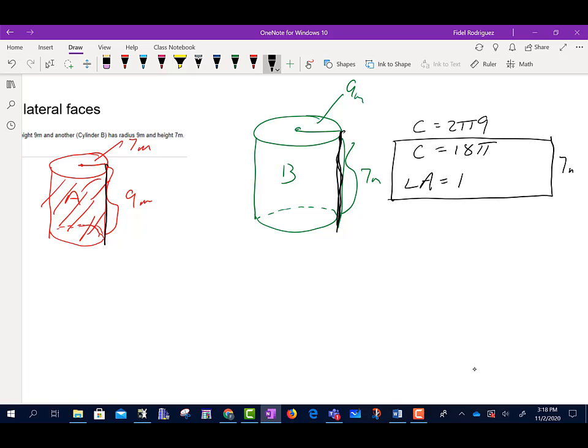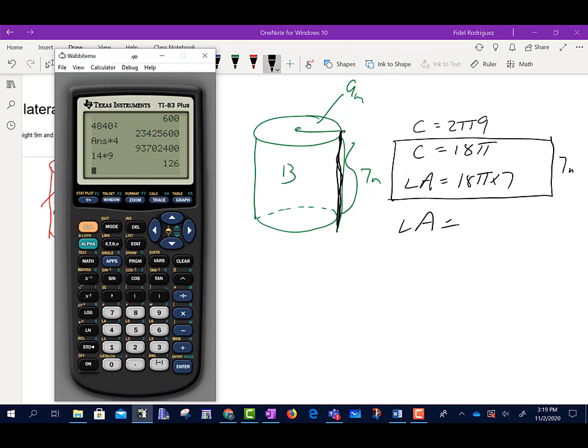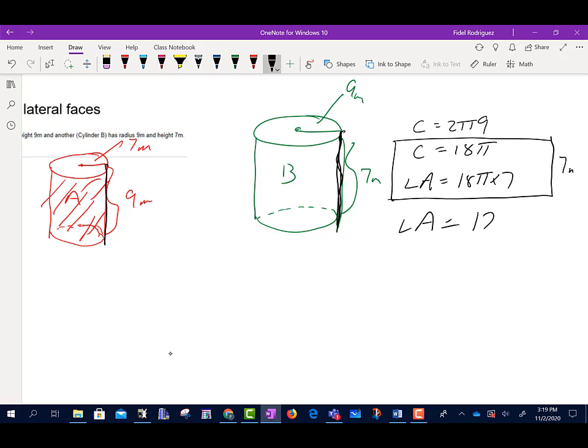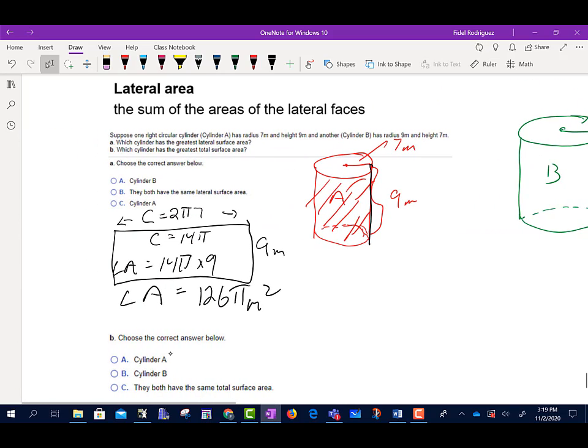So my lateral area would be 18 pi times 7. What is 18 times 7? I'm coming up with 126 pi meters squared. Look at the answer we got for this one and the answer we got for this one. We would know that they both have the same lateral surface area.